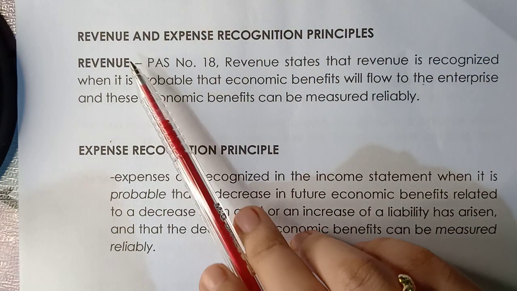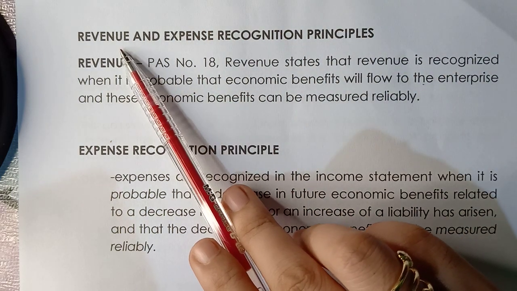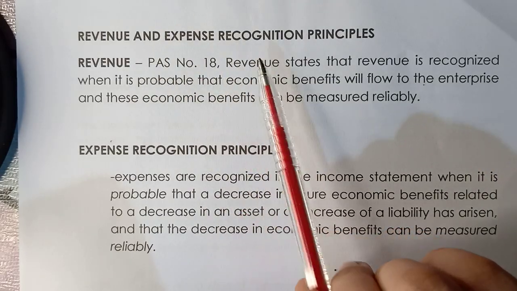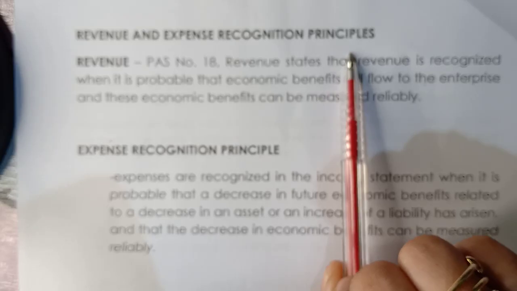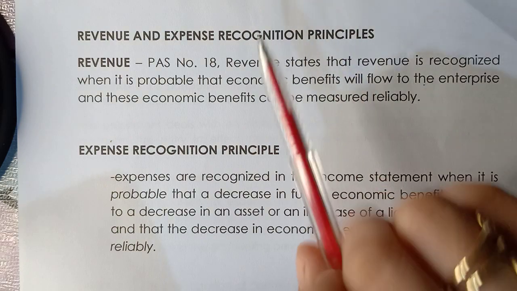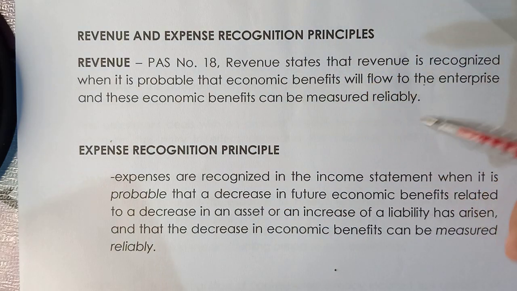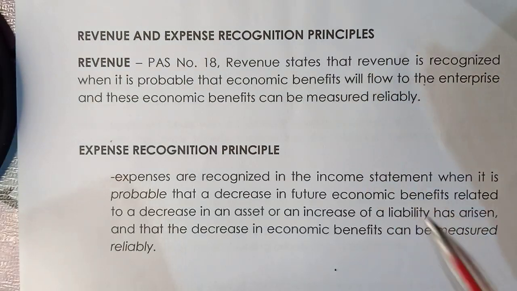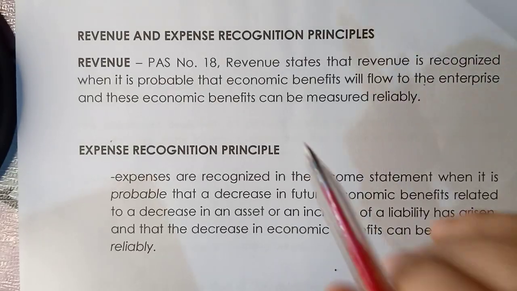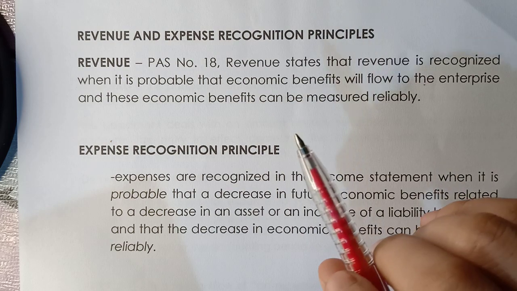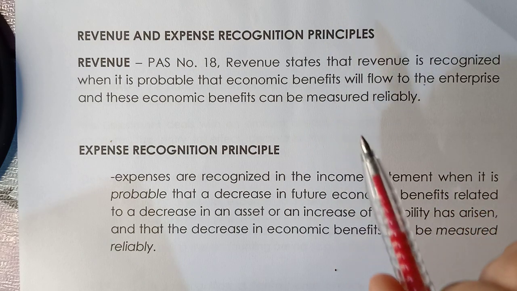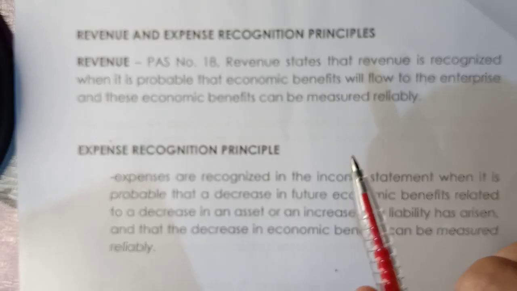So in our discussion today, we will discuss the revenue and expense recognition principles. The process of measuring the performance of an entity requires that income and expense transactions be allocated over several accounting periods.